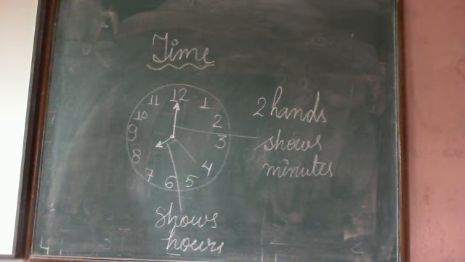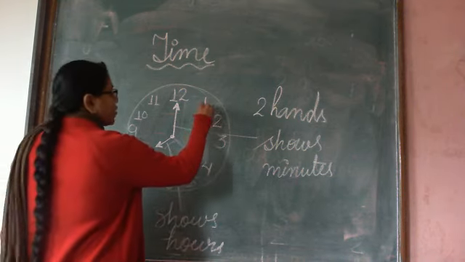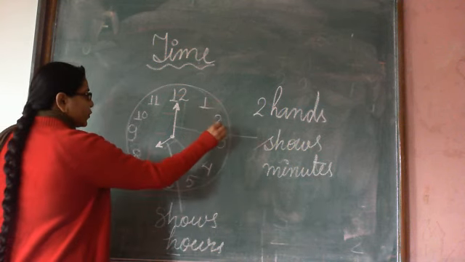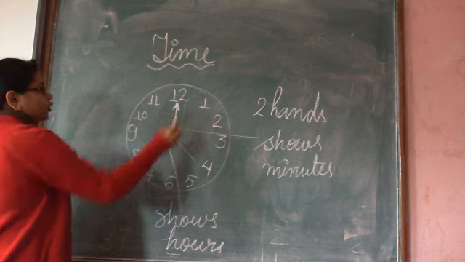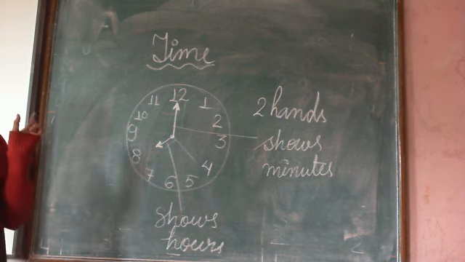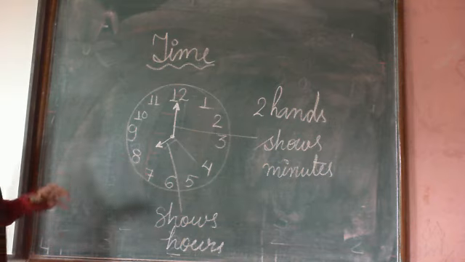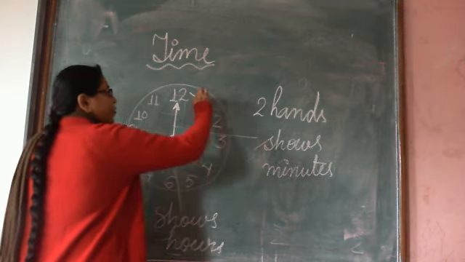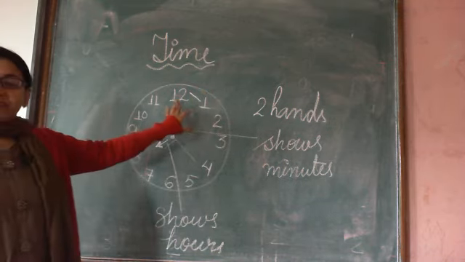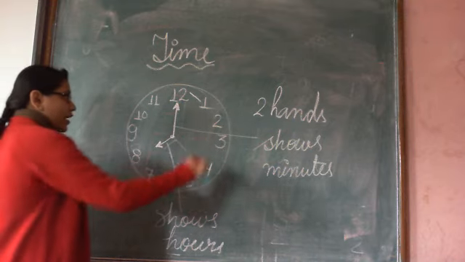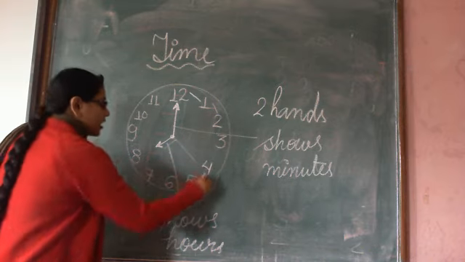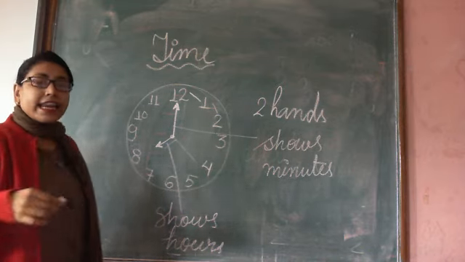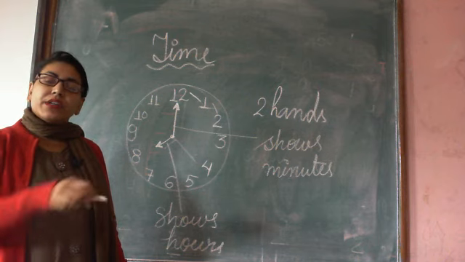Now the numerals, all the numerals 1 to 12. The interval or the distance between them is equal. The interval between 12 and 1 is equal to the interval between 1 and 2. The interval between any two numbers is equal in the clock.